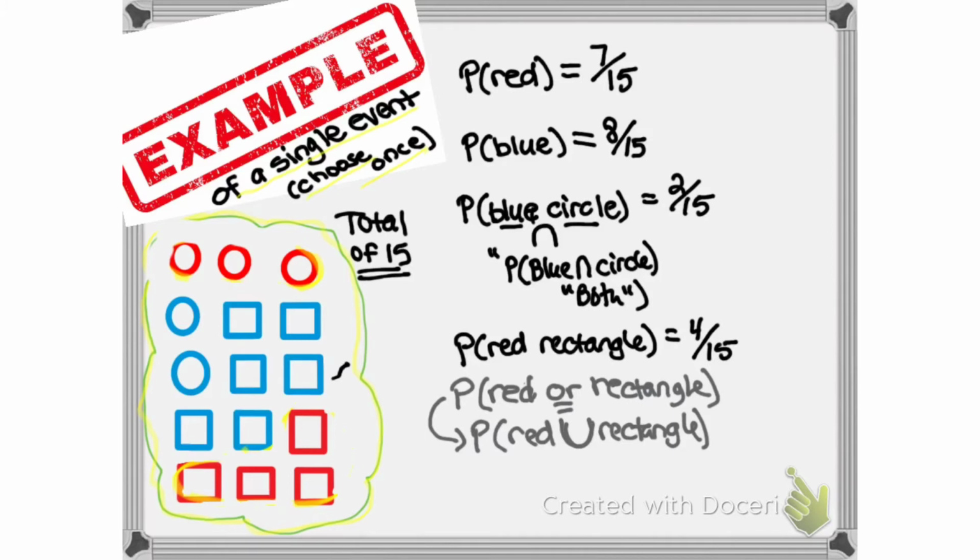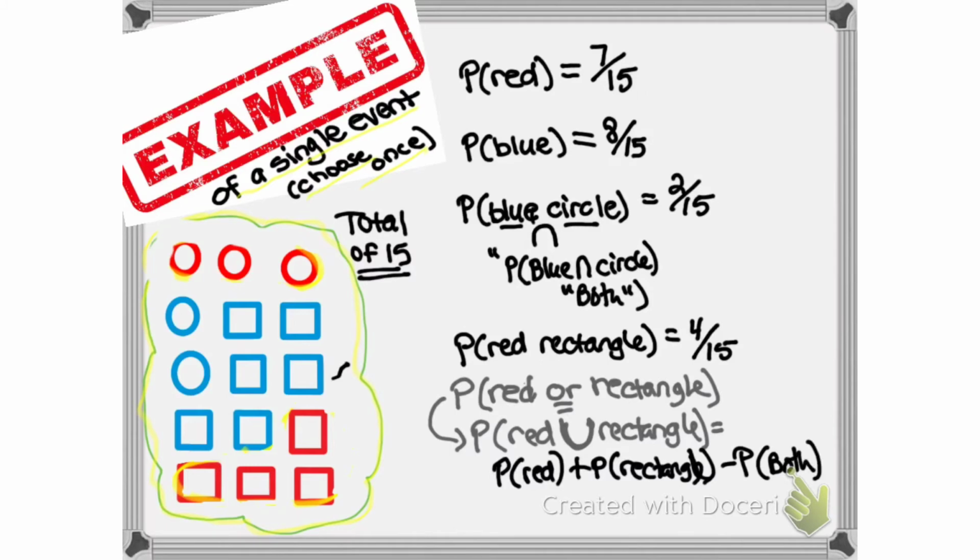The word "or" and this symbol, your brain needs to go to addition. So you're going to find the probability of red plus the probability of a rectangle. Those are two different things. Minus the probability of both.